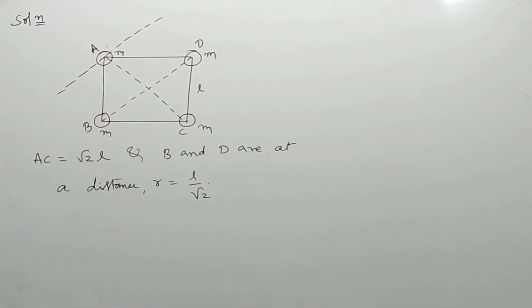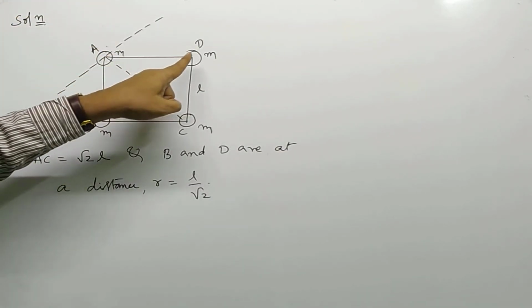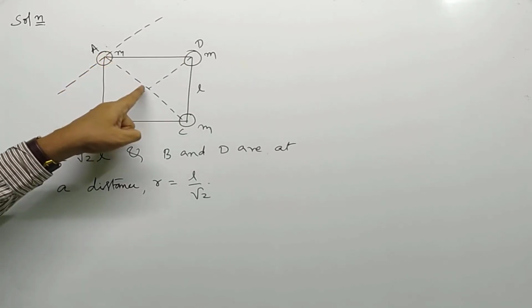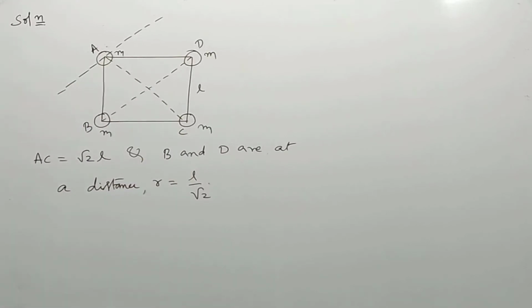A is on the axis, so it contributes no moment of inertia. D and B are at a perpendicular distance of half the diagonal, and C is at a distance of the full length of the diagonal.